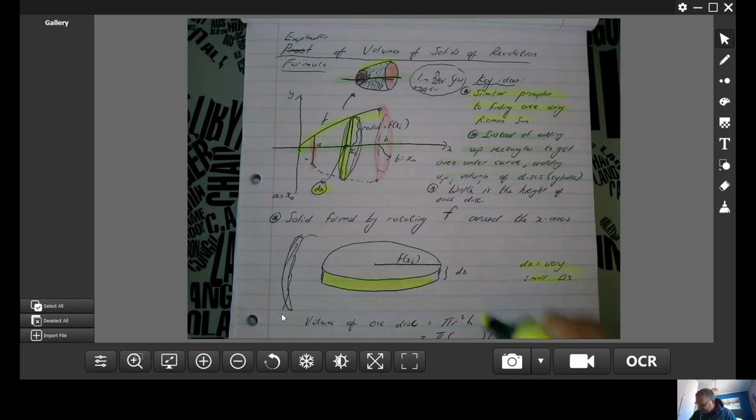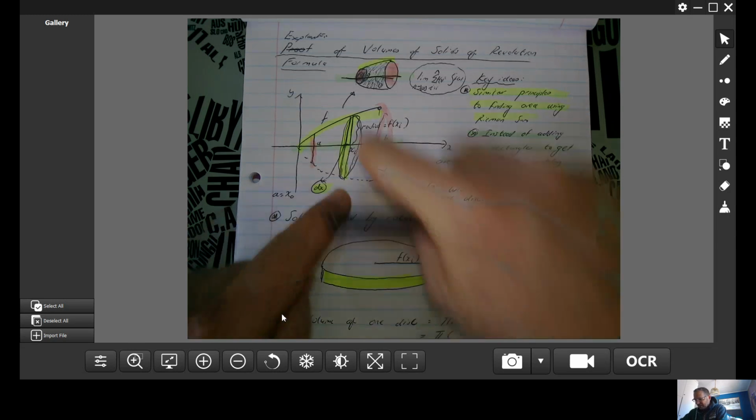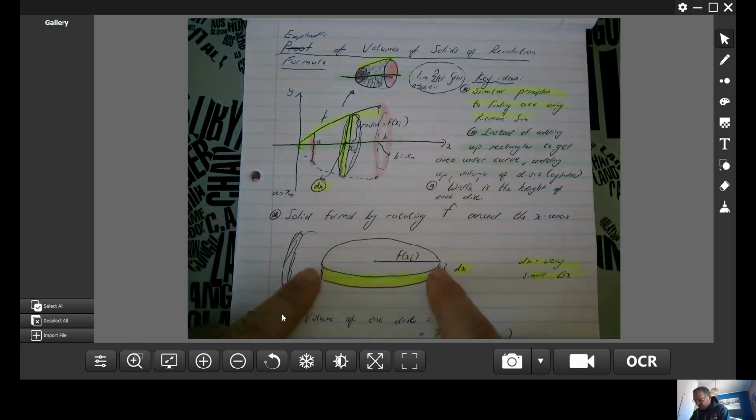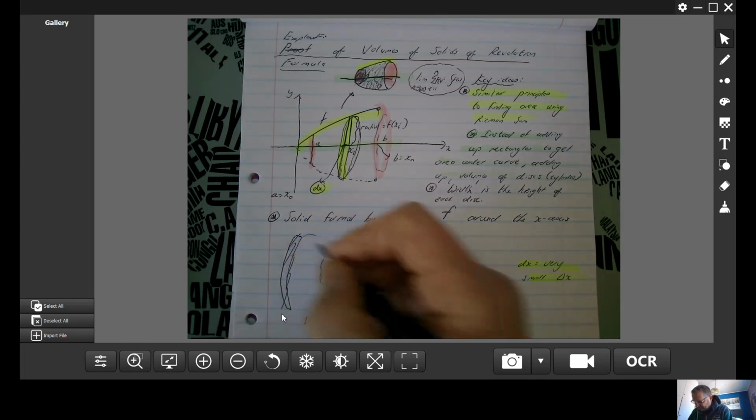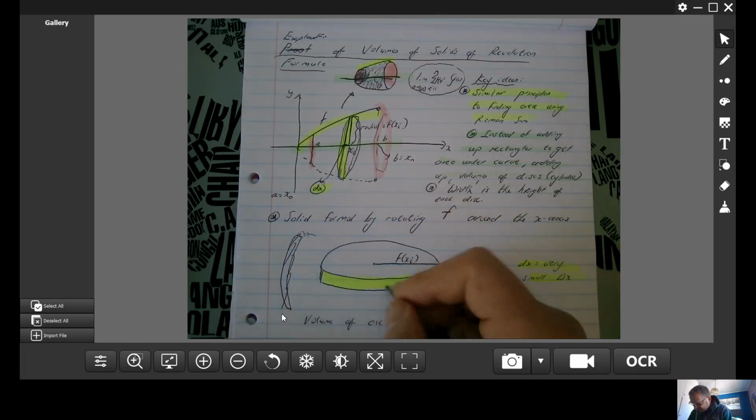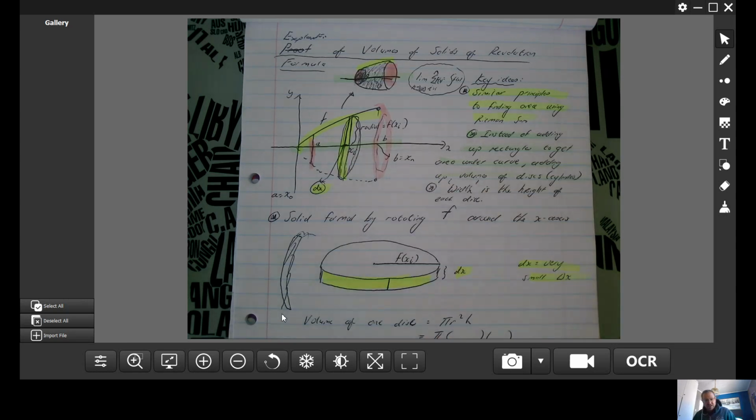So your height, if I've taken that cylinder now and moved it across like this, I tried to do a vertical one, I wasn't very good at it. Your height is dx. This distance over here is dx. So that's your change of x.